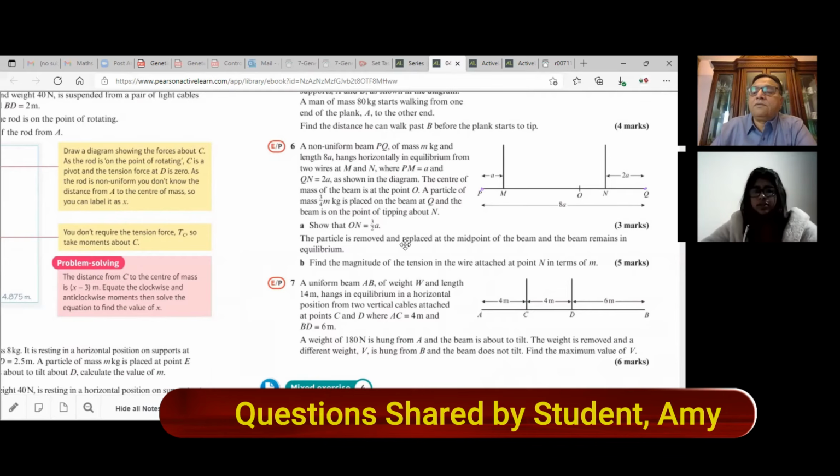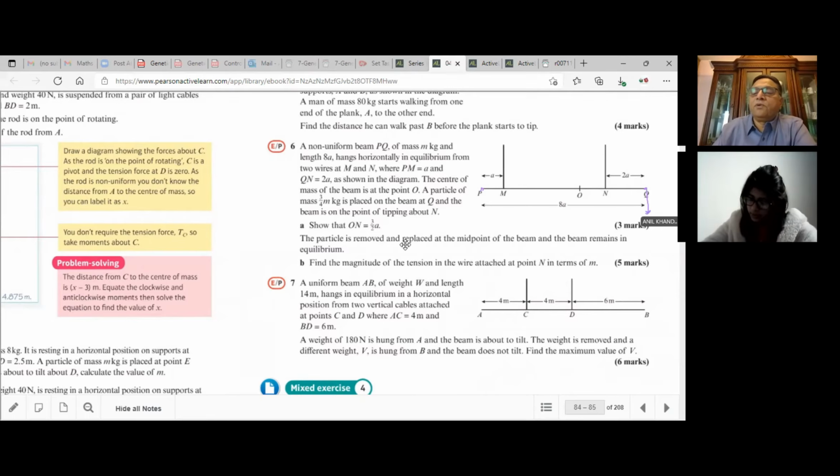So we have a mass of 3/4 m at Q. The beam is non-uniform.